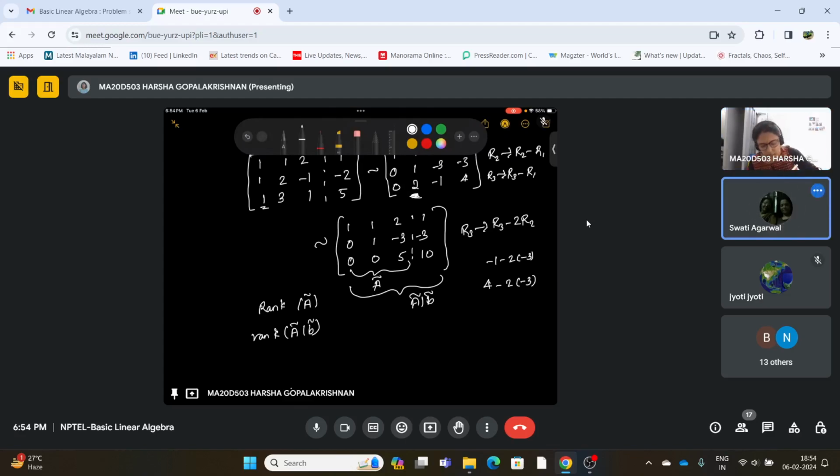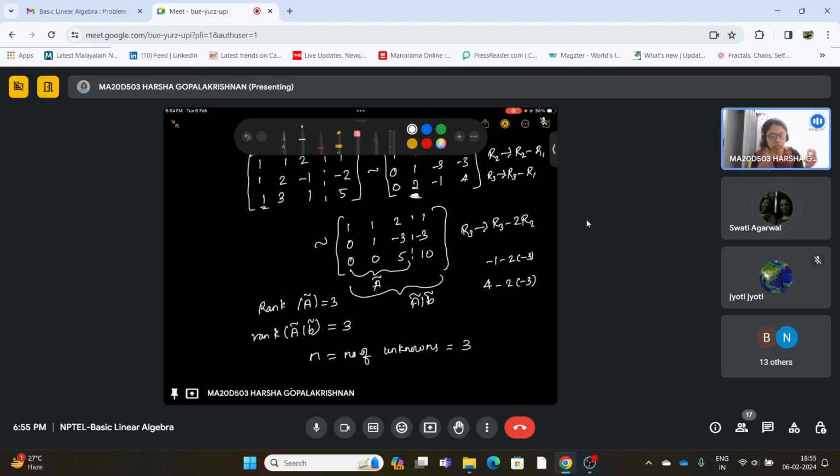Yeah, this is 3 because we have 3 non-zero rows here. And the rank of A bar B bar is also 3. And what is n here? N means the number of unknowns or number of columns. Yeah, 3 only.